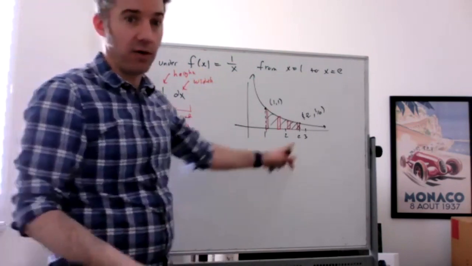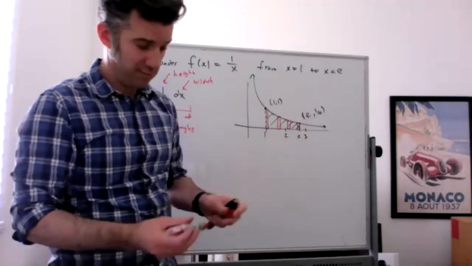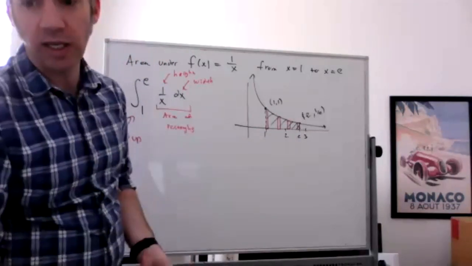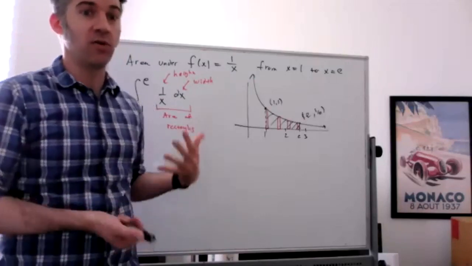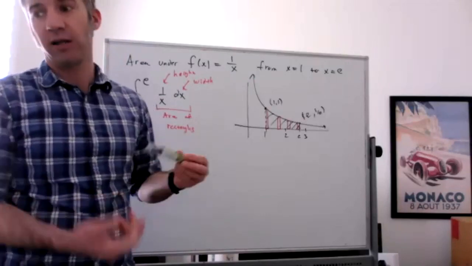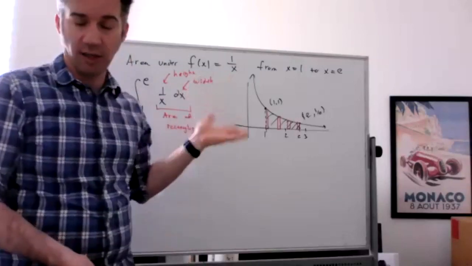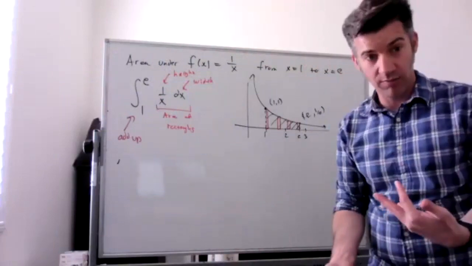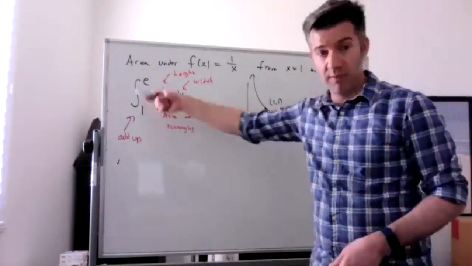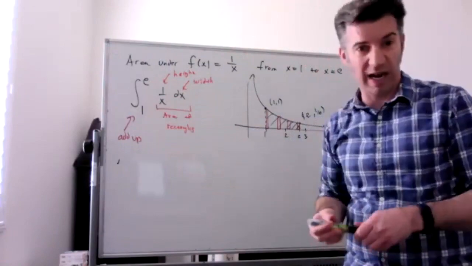And they go as far left as x equal to 1, and as far right as x equal to e. I do think it is worth your mental energy to think of this when you're thinking about an integral. They are going to get more complicated and be less representative of these things later on. But for now, if we're doing a definite integral where you have limits of integration, it's representative of some sort of area.